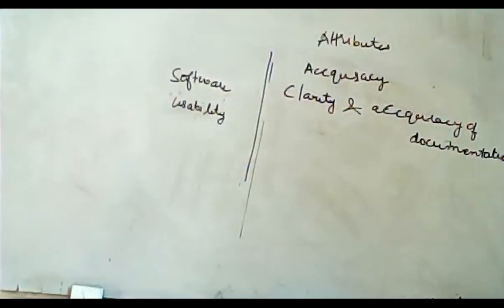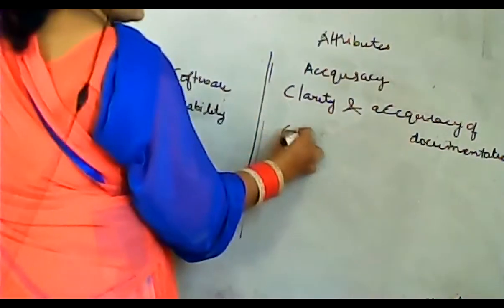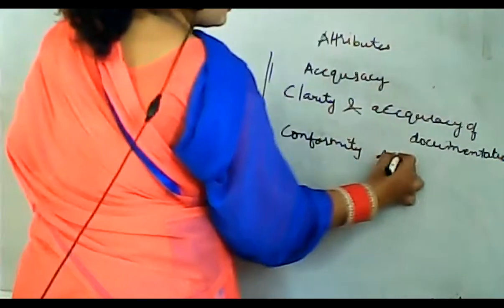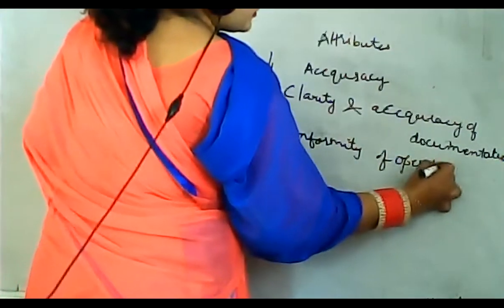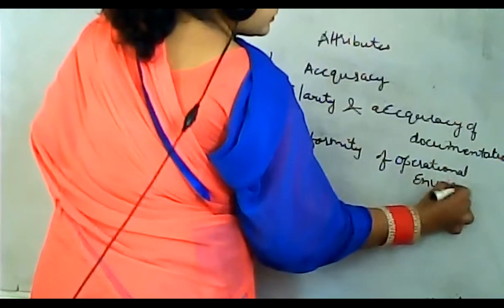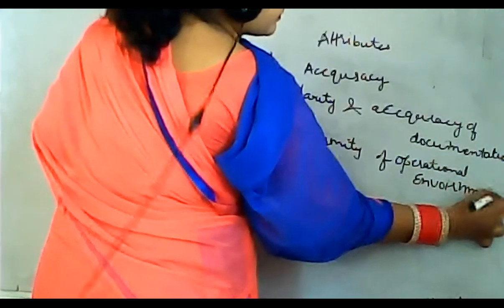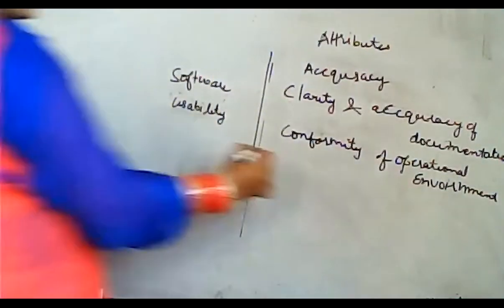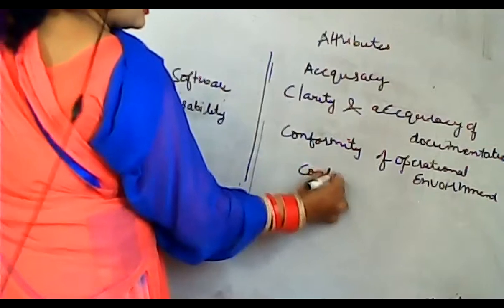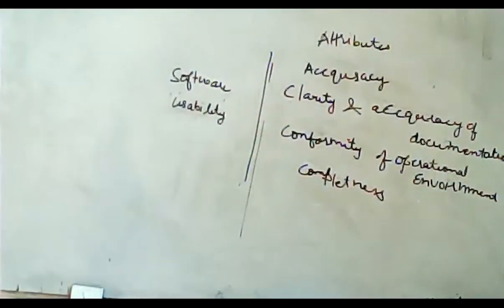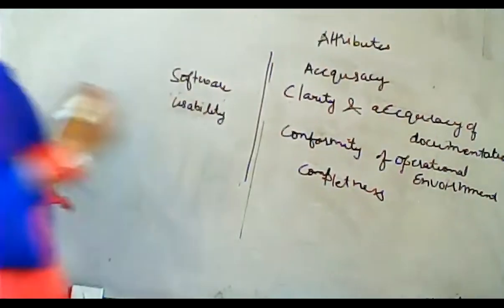Conformity of operational environment. You can say completeness should be an attribute. Completeness. Only then we can use it, it is usable. Efficient.